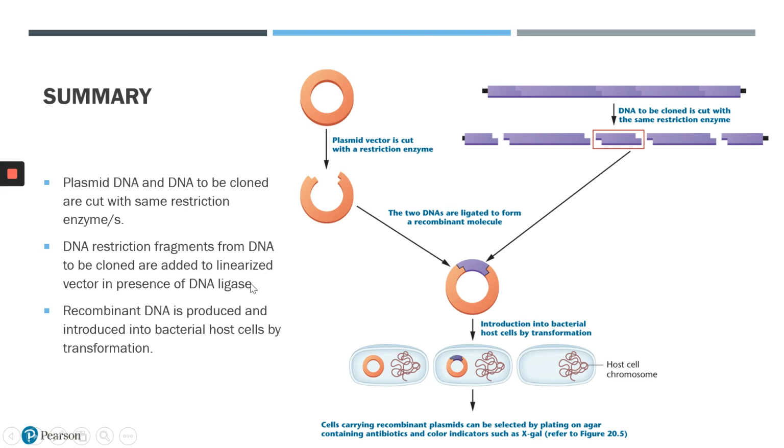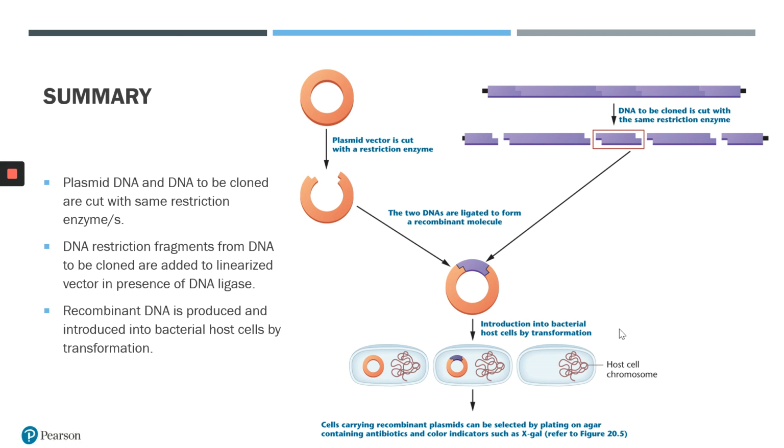When we talk about a linearized vector, we talk about a vector that has been cleaved with a restriction enzyme. So the insert DNA fragment and the linearized vector are ligated to each other to form a recombinant DNA molecule. The recombinant DNA fragment is then inserted into a bacterial host in a process called transformation.